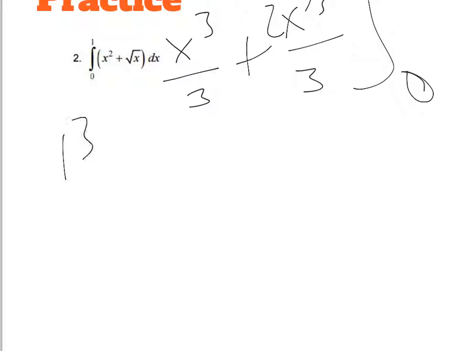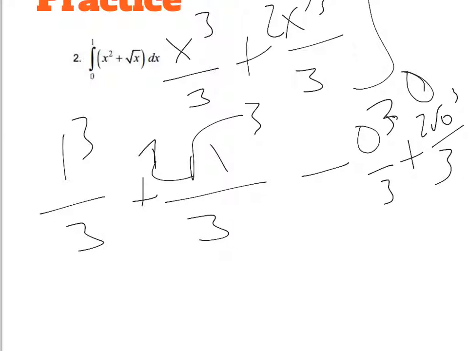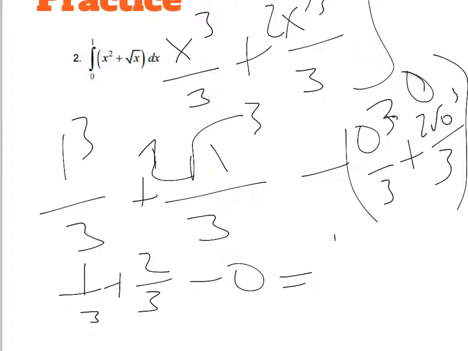It's 1 to the third over 3 plus 2 times 1 to the third over 3, minus 0 to the third over 3 plus 2 root 0 cubed over 3, which is just 1 over 3 plus 2 over 3 minus 0, which just equals 1.